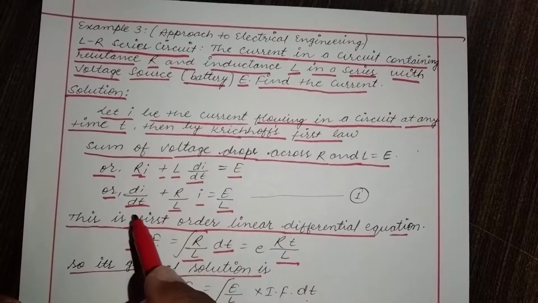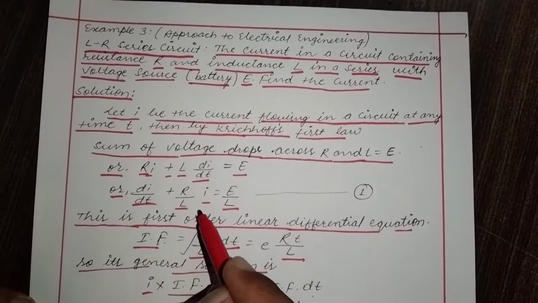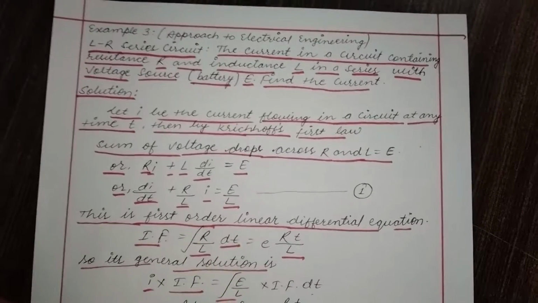Our first equation goes like this: di by dt plus R by L I equals E by L. This is our first equation.